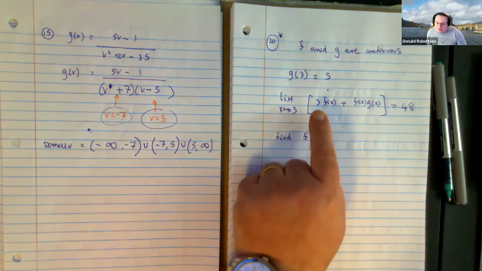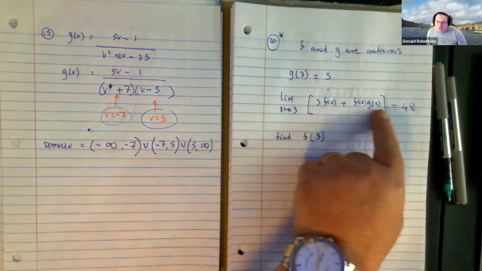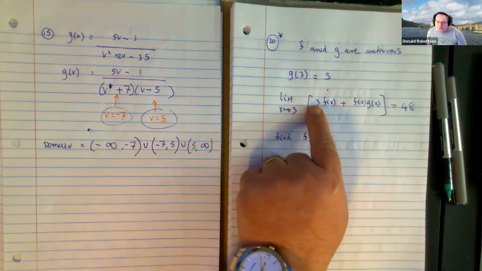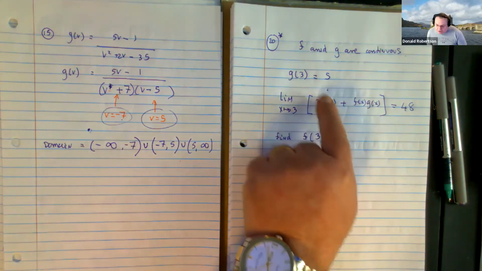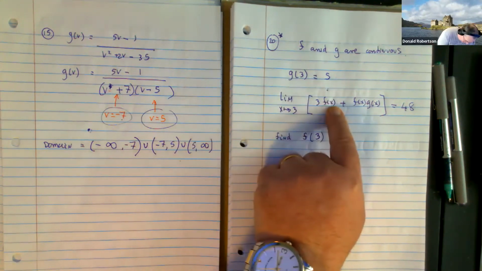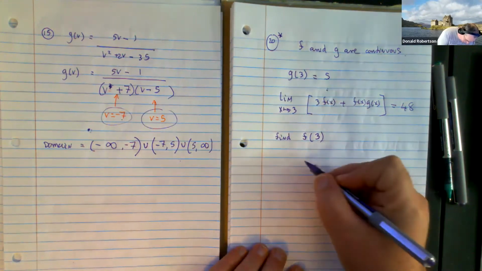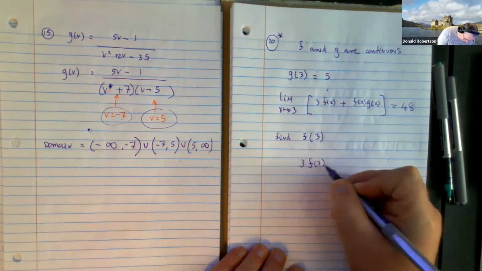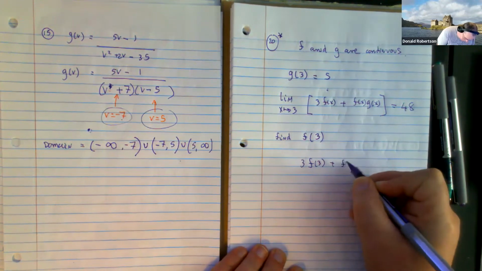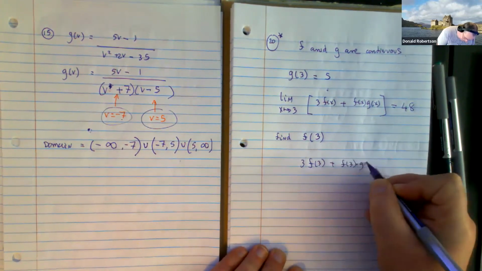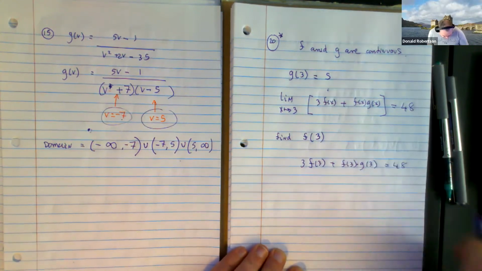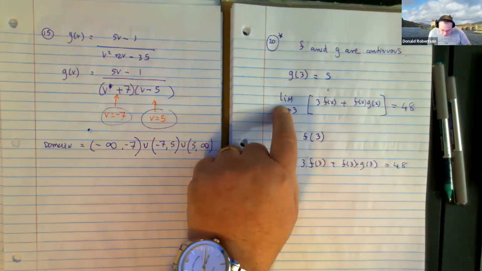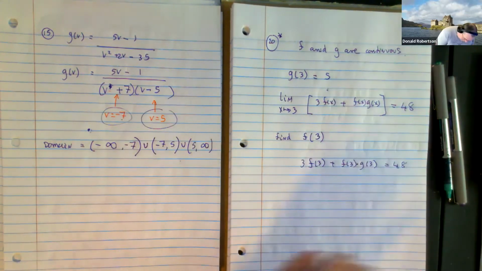If I take this expression and I replace the x with 3, what I get is 3 lots of f of 3 plus f of 3 times g of 3 is 48. Now, since the overall limit exists, that means the value of the function exists. It's continuous.